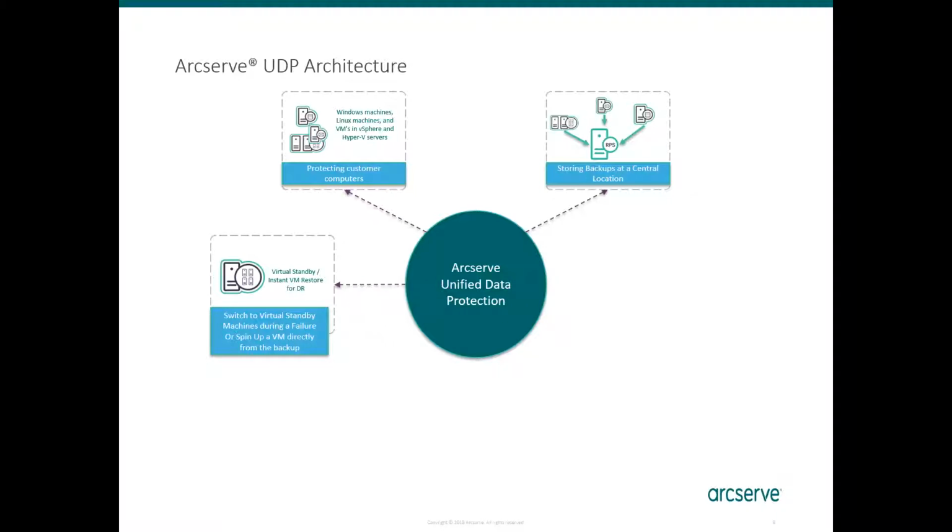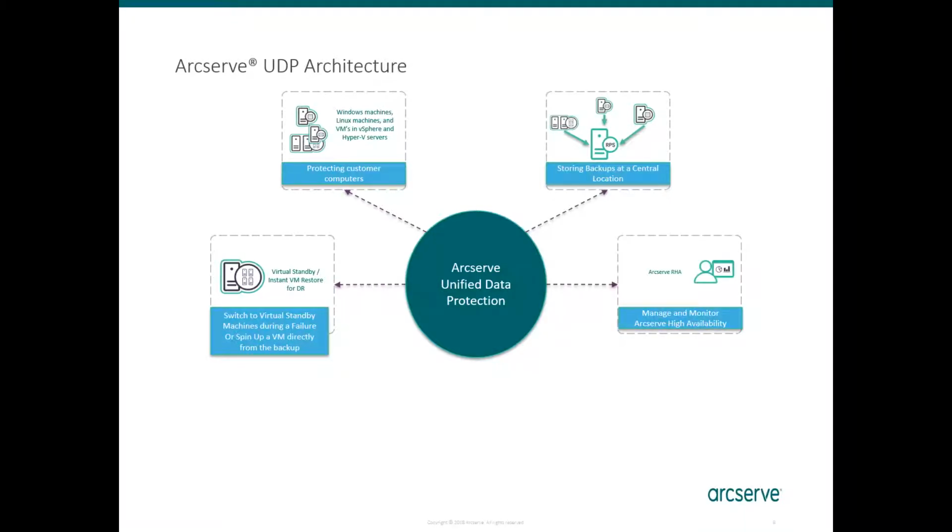Once we have recovery points, recall we talked about how we can spin up virtual machines from them. So either local or after replication, wherever the data is on the RPS, we can use a virtual infrastructure to provide disaster recovery. Virtual standby or instant VM are both features we can provide to spin up VMs directly from the backup.